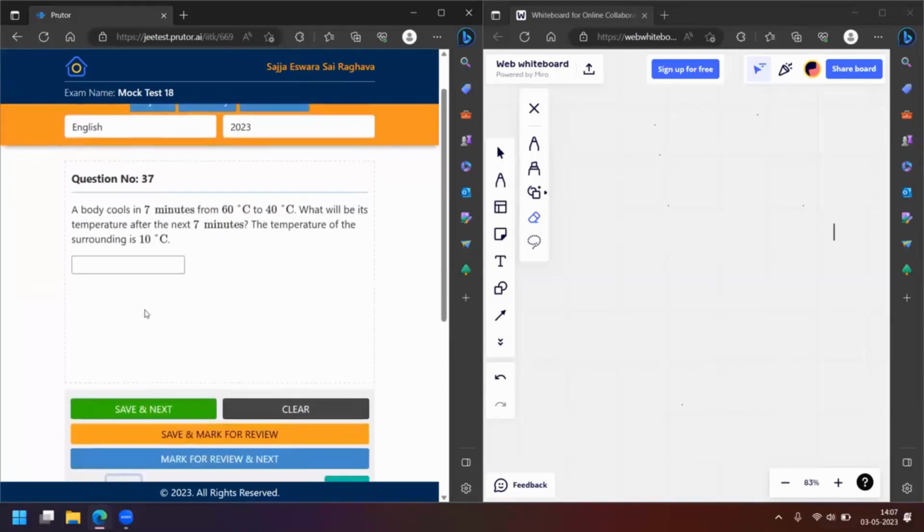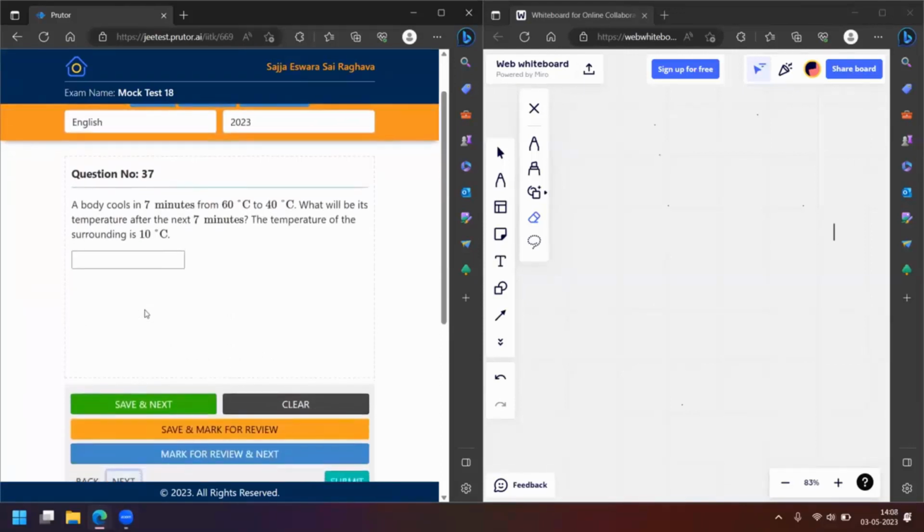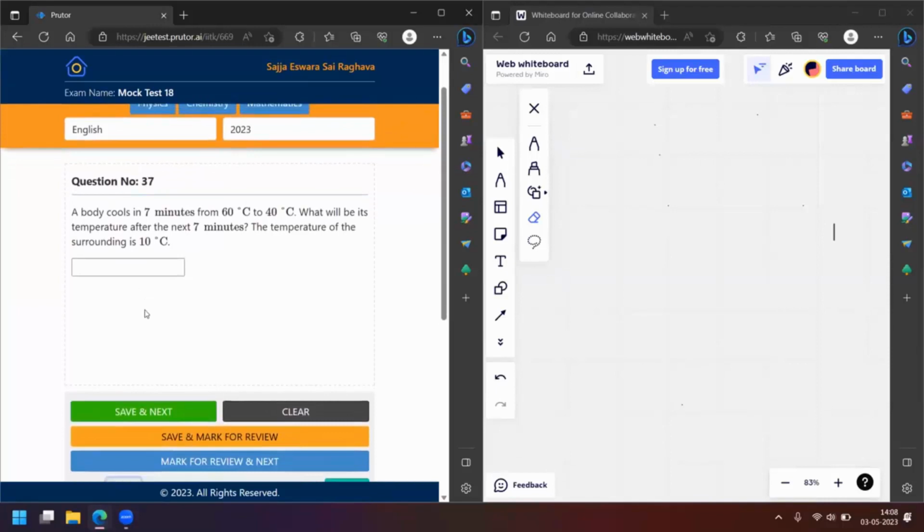Now we are into the physics part of the paper. So the first question says a body cools from 60 to 40 degrees in 7 minutes. What will be the temperature? So this can be found using Newton's law of cooling with the surrounding temperature.